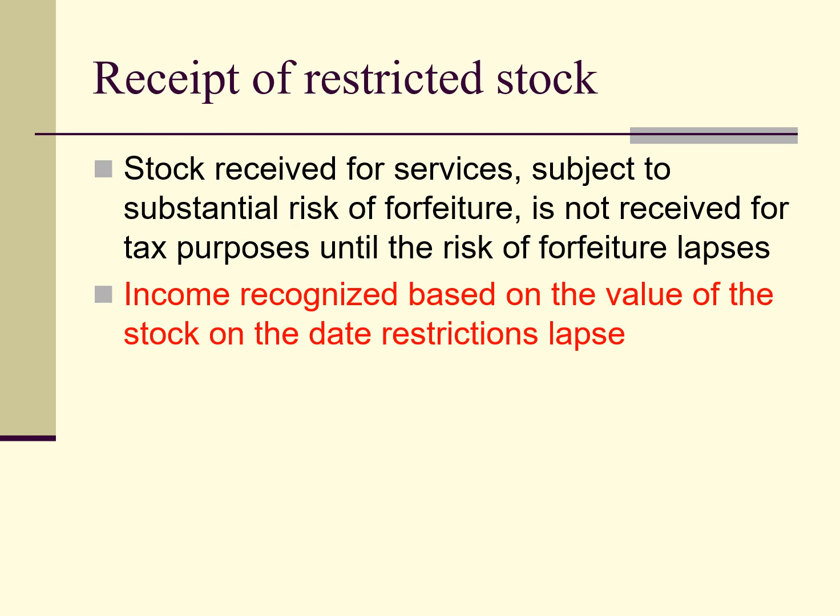As discussed in the text at 8.034c, where such stock is received, the recipient does not recognize income until the restrictions lapse, and the amount of income recognized is based on the value of the stock at the time the restrictions lapse.